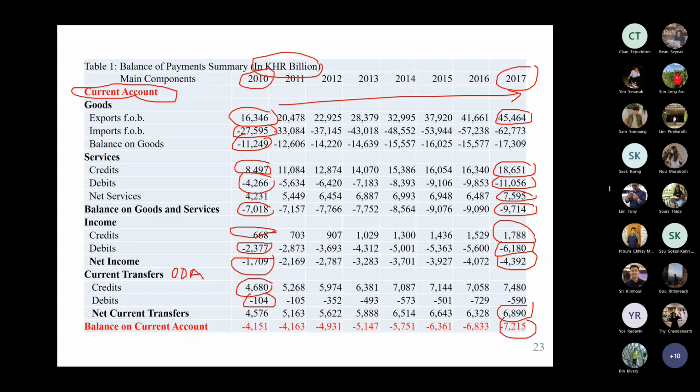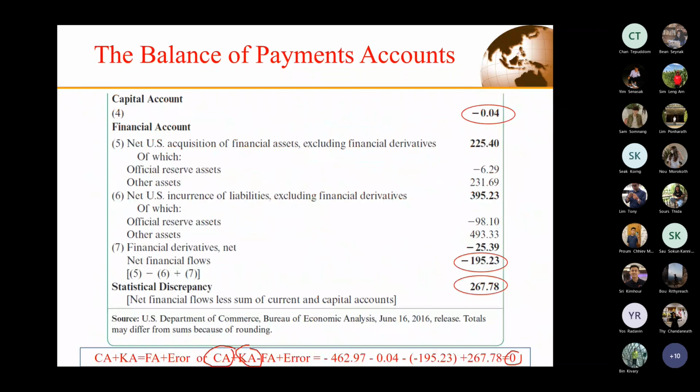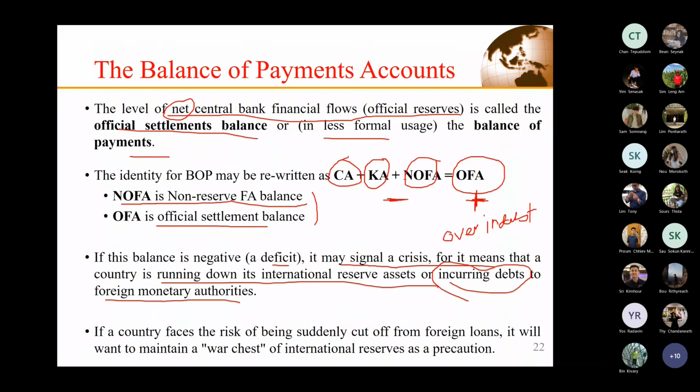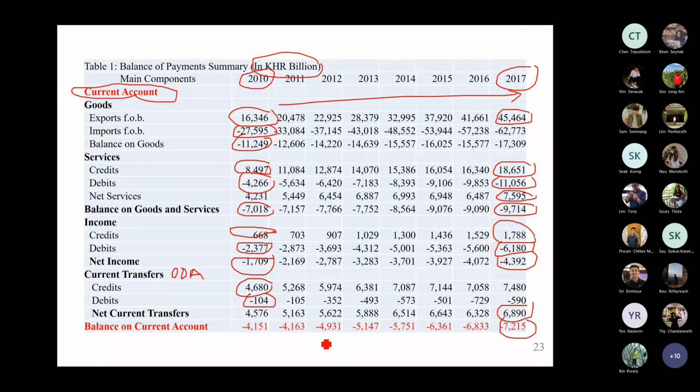And as I said in the beginning, there is always an error. You can see the error here, we call it the discrepancy or the errors. This means that sometimes we cannot record all of the information, because sometimes information is not carried through the banking system, and you have no way of knowing that.